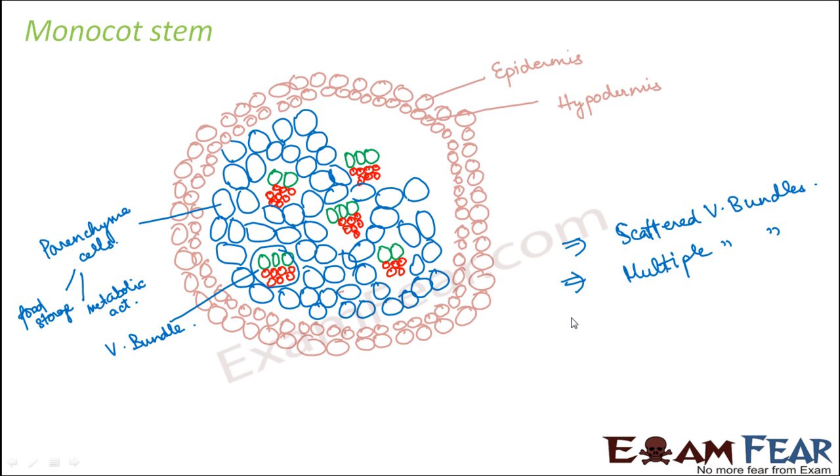And also there is no cortex here. What about the pith? So pith is made up of parenchyma cells here. Even if you look at the central region, it is all full of parenchyma cells. And again here also there is no cortex, right? So it is relatively simpler than root if you compare it with a monocot root.